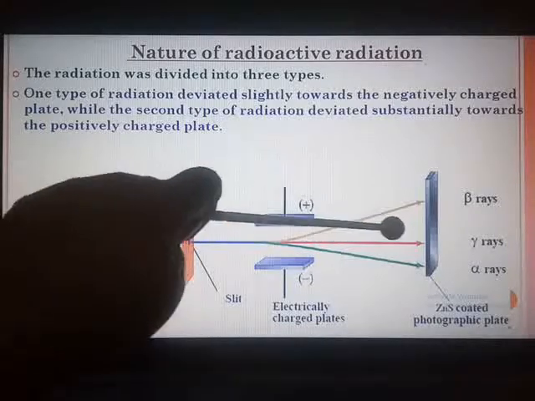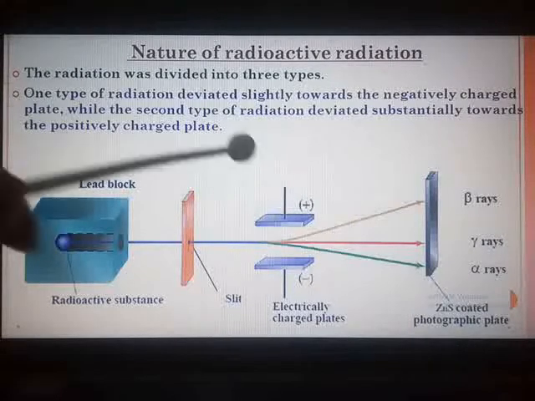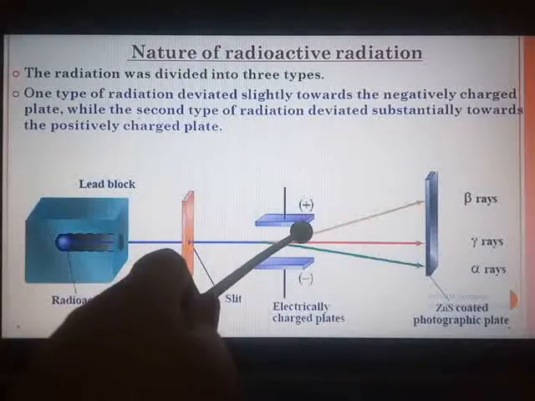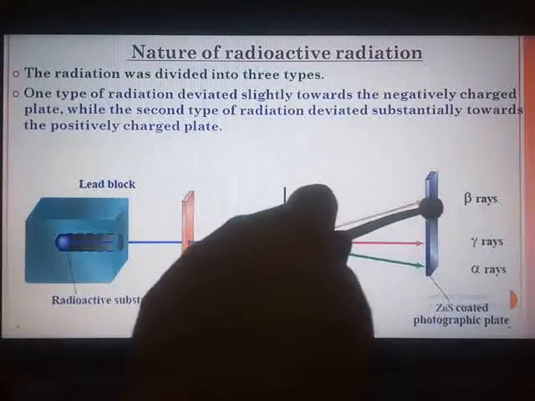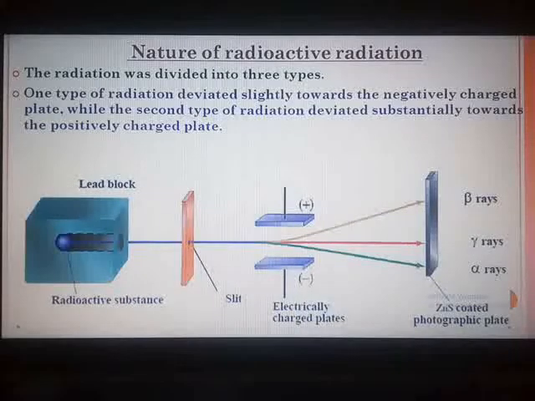You can see over here the third type of radiation not deviating towards any of the charged plates. The rays that deviated slightly towards the negatively charged plate were called alpha rays. The rays which deviated towards the positively charged plate were called beta rays, and the rays which did not deviate at all were called gamma rays.